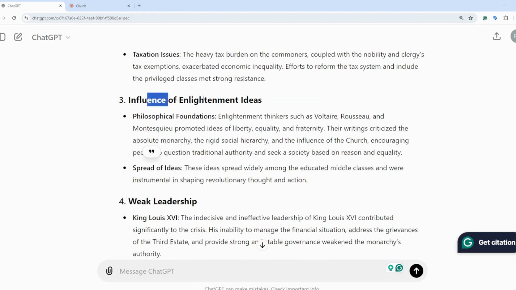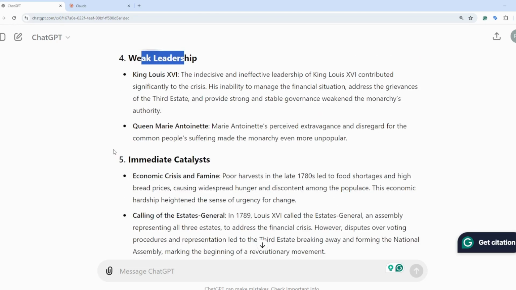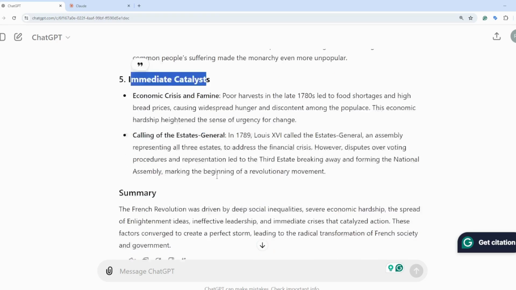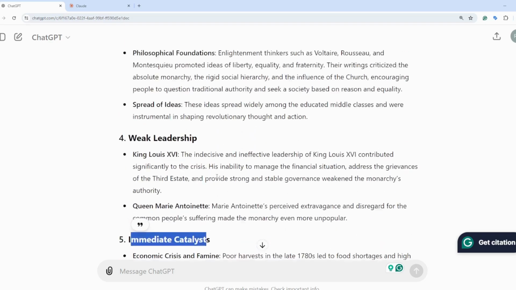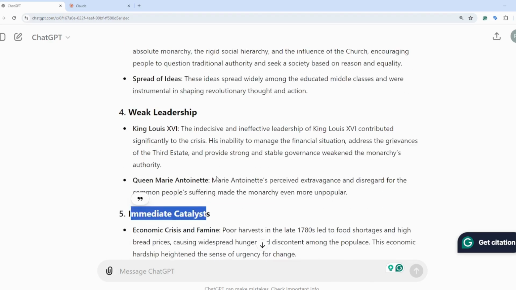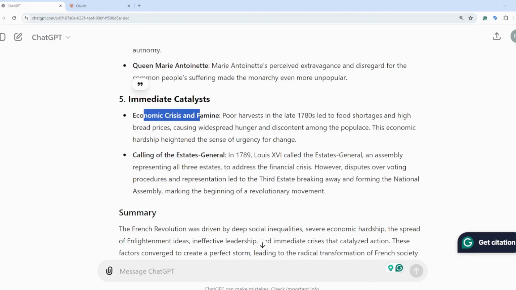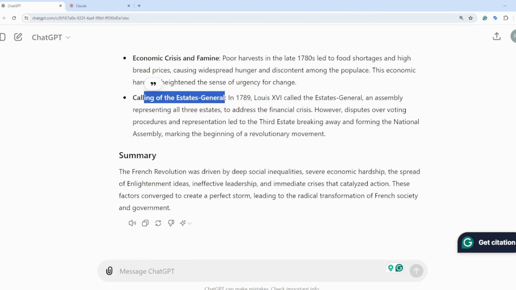The second is the influence of the enlightened class, weak leadership, and immediate catalyst. So these are the 5 things that we asked ChatGPT for, and it has also given us subheadings if we want to read more. This is how we can give a close-ended prompt.